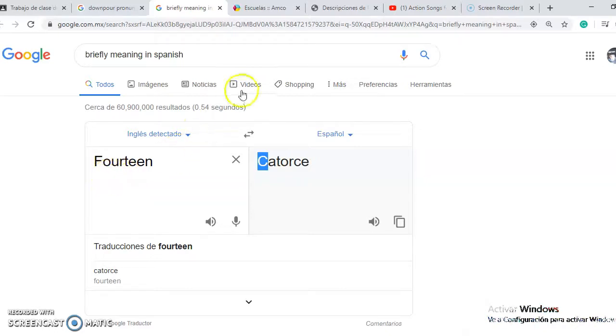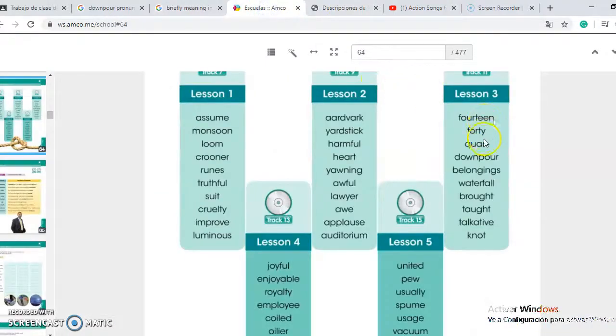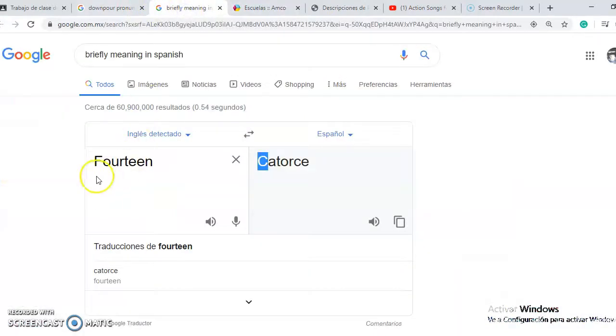How do I start with my spelling? 14. This is my first word in the list. If you can see in this option, I have to start by opening the word, 14. Then I start spelling letter by letter and then close the word.